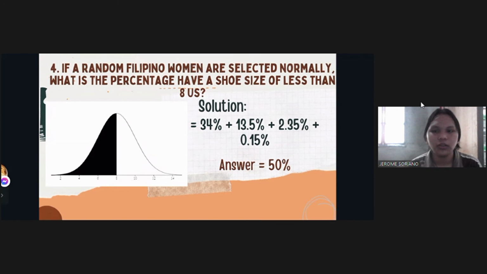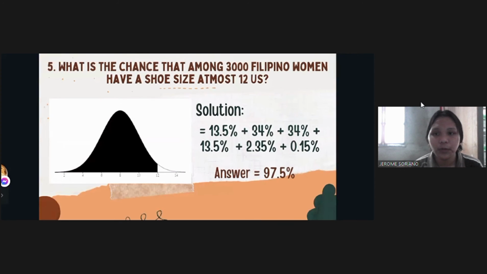So let's move on to our last question, question number 5. What is the chance that among 3,000 Filipino women have a shoe size of at most 12 US? So meaning, the part we shade should not go beyond 12 US size. From 12 US size to 10 US size, we have 13.5%. 10 to 8 US size, we have 34%. 8 US size to 6 US size, we have 34% again. 6 to 4 US size, we have 13.5%.